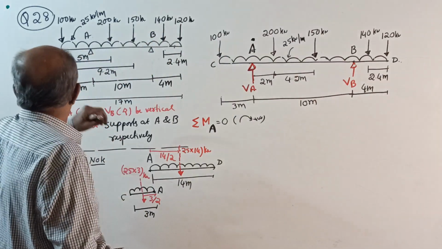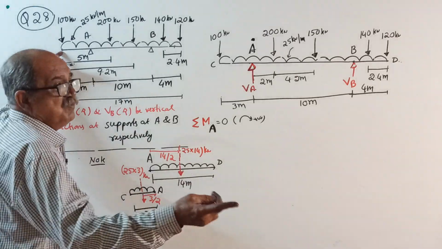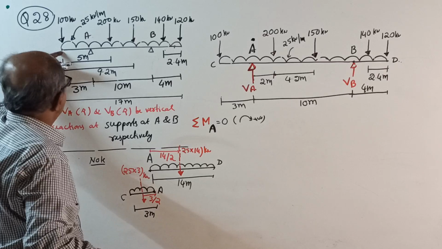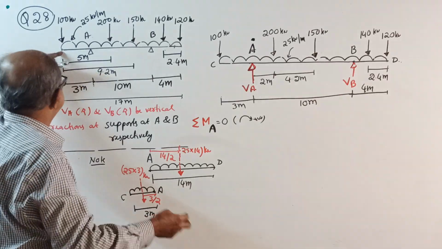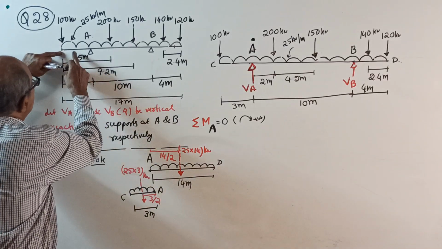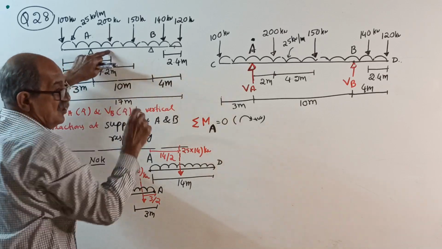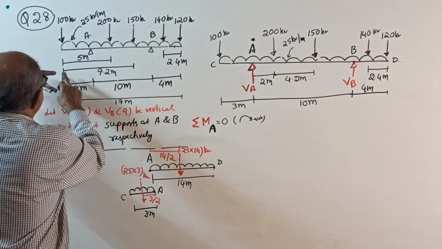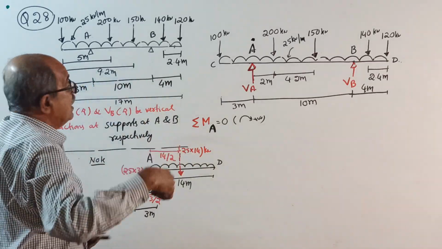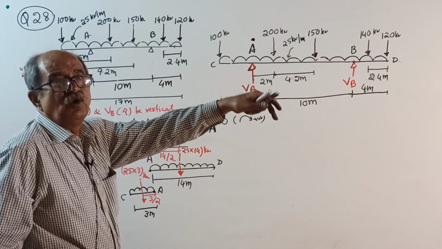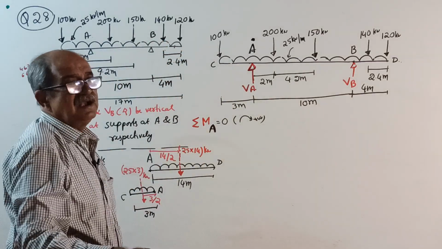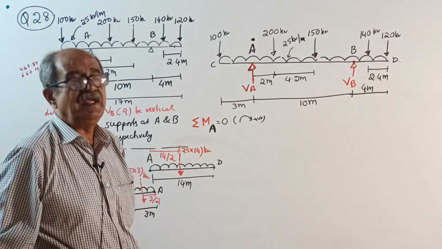At left extreme end, then at 5 meter from left end. This is 3, so it will go somewhere here, at 9.2 meter from left end, at 2.4 meter from right end here, and lastly at right end respectively.